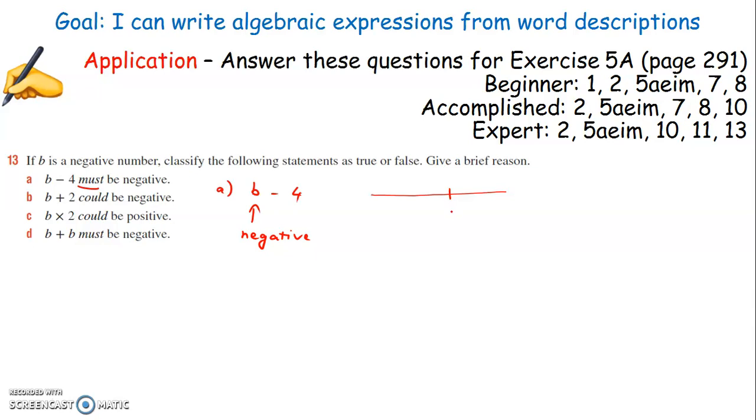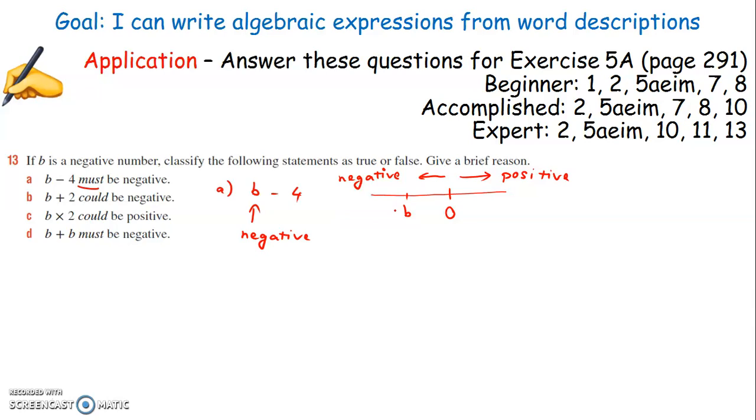So here I've got 0, and to the right of the 0 we have all the positive numbers, and to the left of the 0 we have all the negative numbers, and somewhere over here we have B. B is the negative number, and what we're doing is we're taking 4 away.